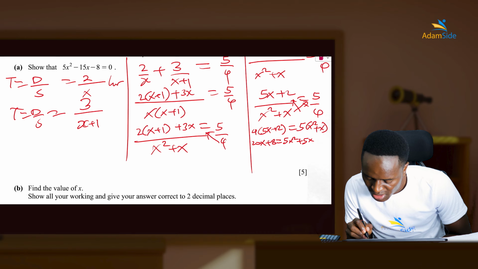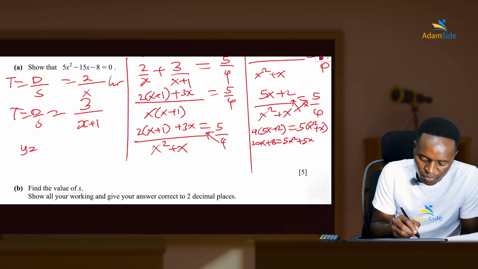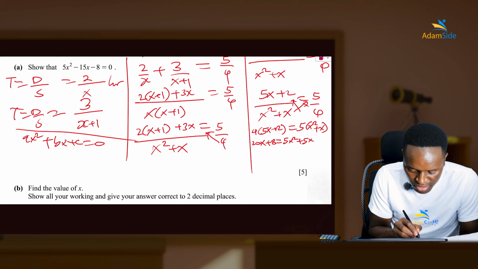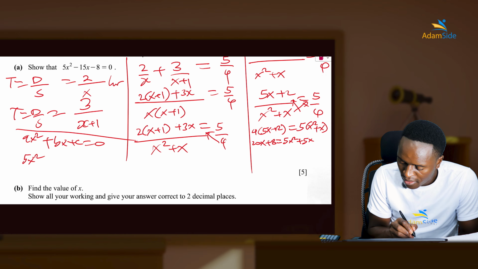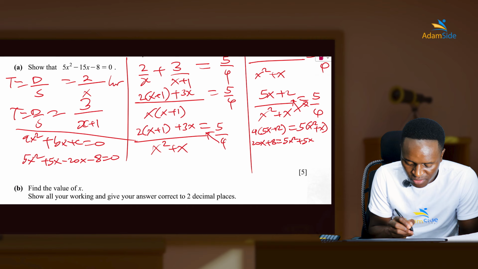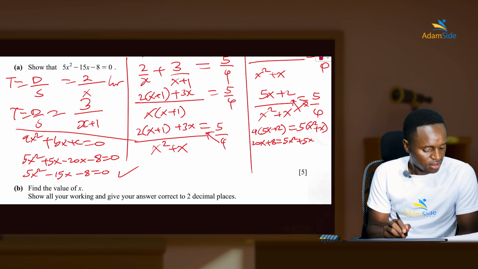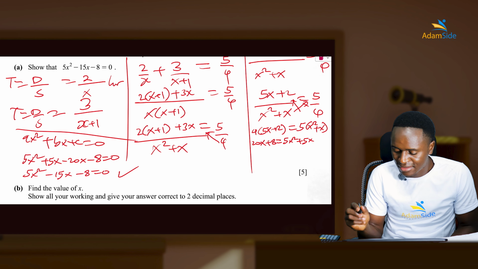Collect like terms so that you arrange it in the form of ax squared plus bx plus c is equal to 0. So that means 5x squared plus 5x minus 20x minus 8 is equal to 0. That means 5x squared minus 15x minus 8 is equal to 0. That's it. You get your 5 marks.